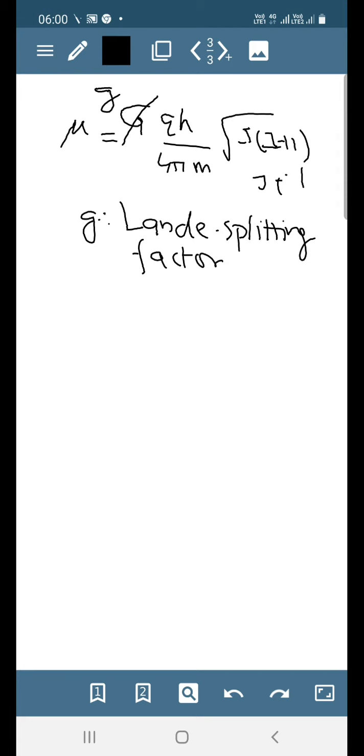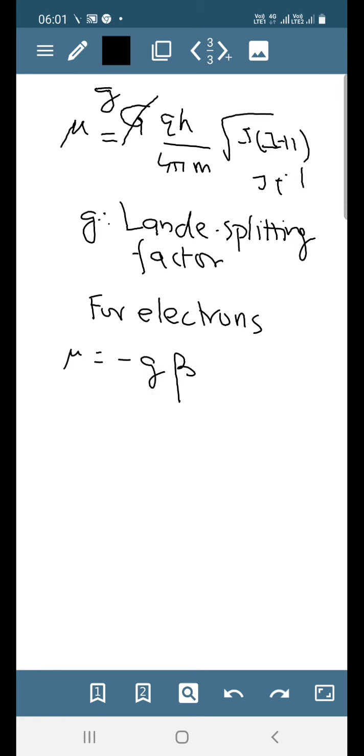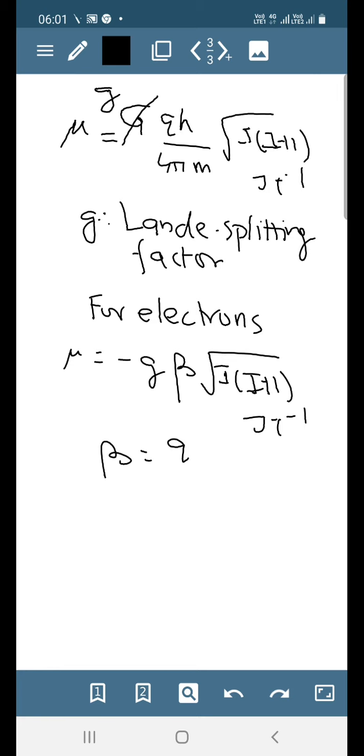So for electrons, mu is equal to minus G beta root I into I plus 1 joules per Tesla, where beta is equal to Q h cross by 2m, or Q h by 4 pi m.